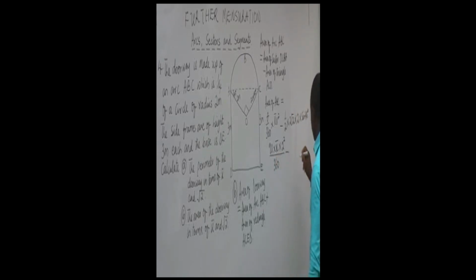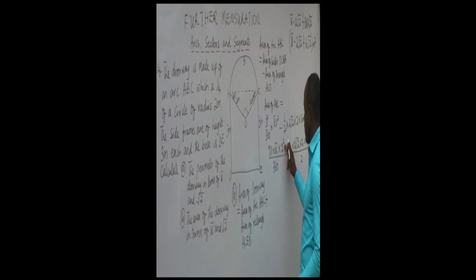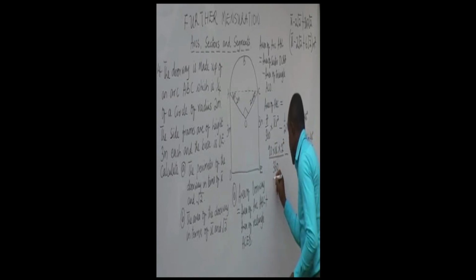Then minus 1, this one, times 2√2 times 2, then times sine 45, all over 2. You know that 2 squared means 2 times 2, and 2 times 2 is 4. 4 times 90 is 360.